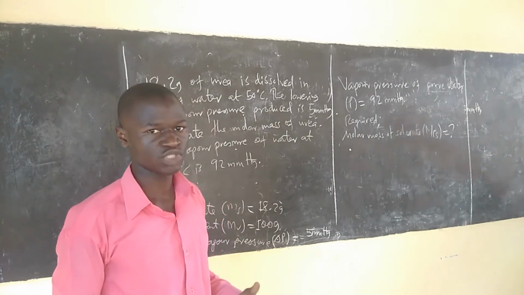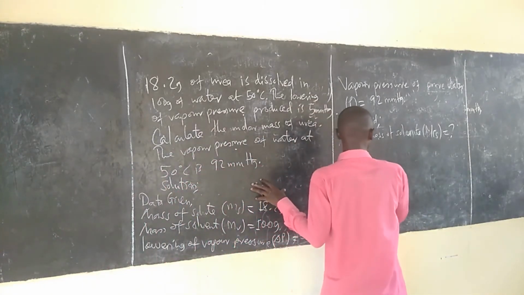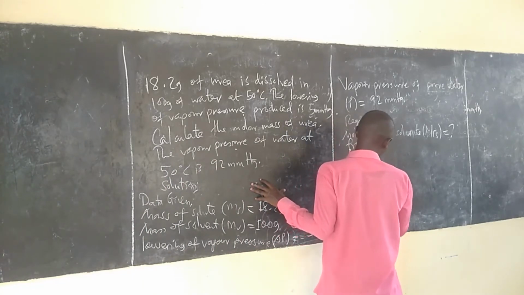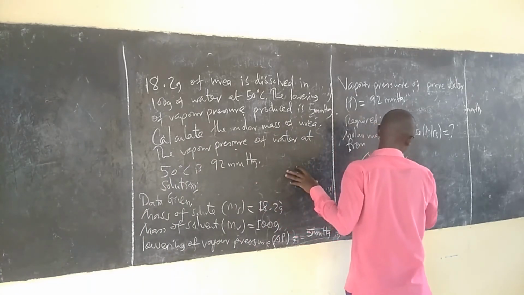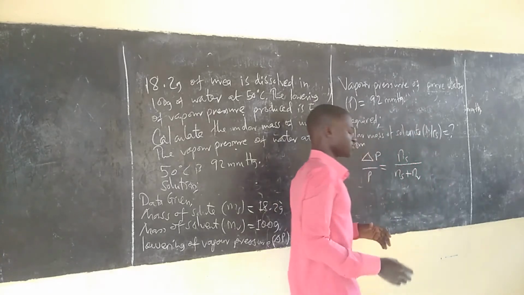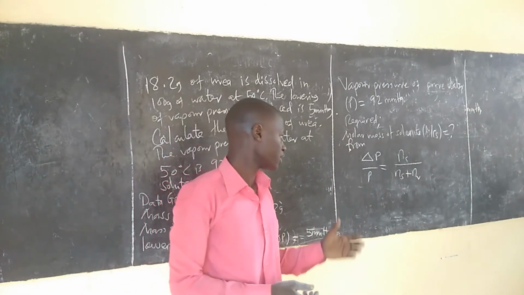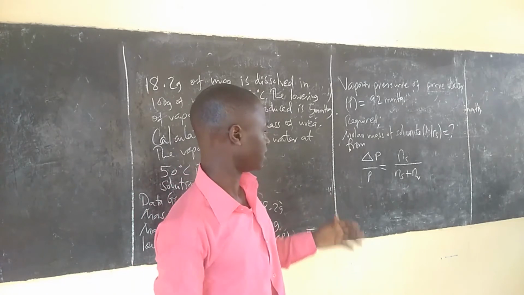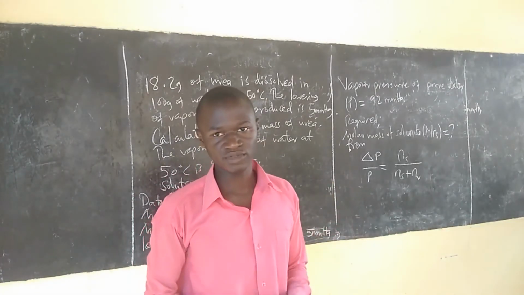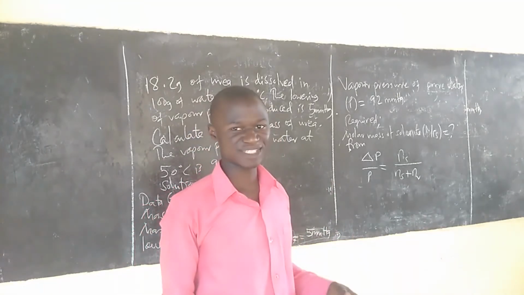If we are not told the solution is very dilute, we use the formula change in P divided by P is equal to number of moles of solute divided by number of moles of solute plus number of moles of solvent. Now, one thing we need to do here is to make the subject number of moles of solute. Now, how do we do this? Mathematics must be applicable.